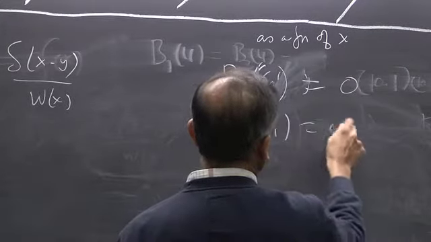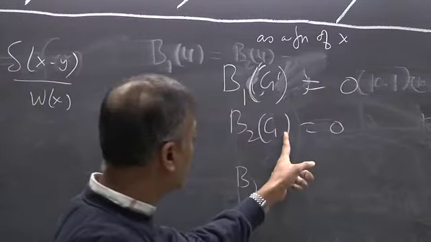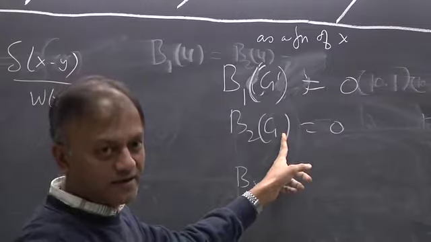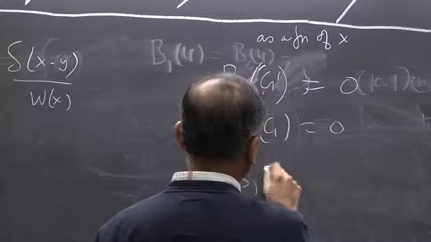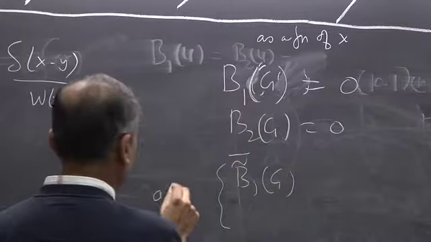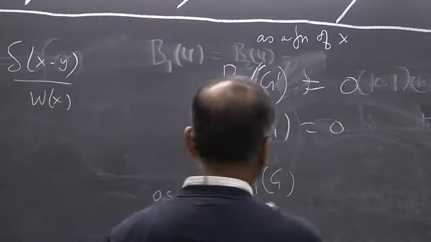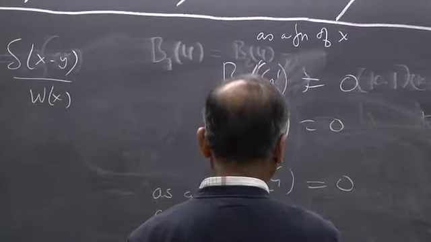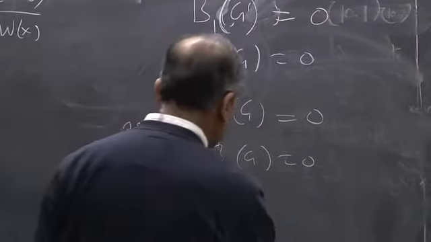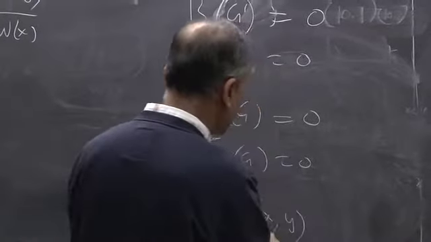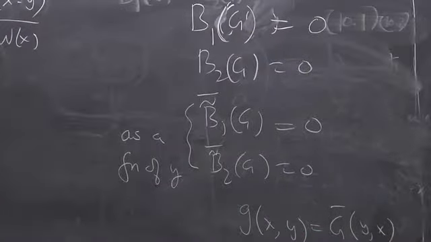B2 G equal to 0. And with respect to the second argument, y, it should satisfy the adjoint boundary conditions. So B1 tilde bar of G, as a function of y, B1 tilde bar G equal to 0 and B2 tilde bar G equal to 0. This is because of this equation, that the adjoint Green's function G of x, y is the same as G bar of y, x.